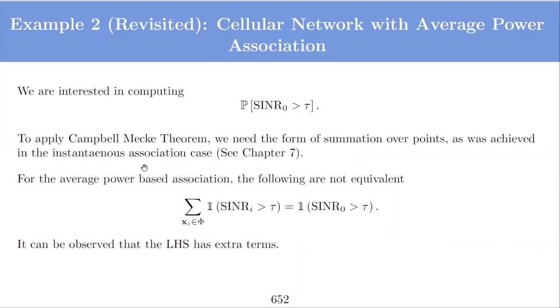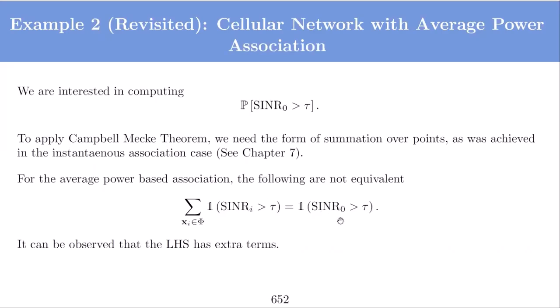To apply the Campbell-Mecke theorem, you need the form of a summation over points, as we achieved in the instantaneous association case. But if you look here, the indicator that SNR 0 is more than tau is not equal to the summation over SNR i more than tau. These two are not equivalent in this case, right? Why?